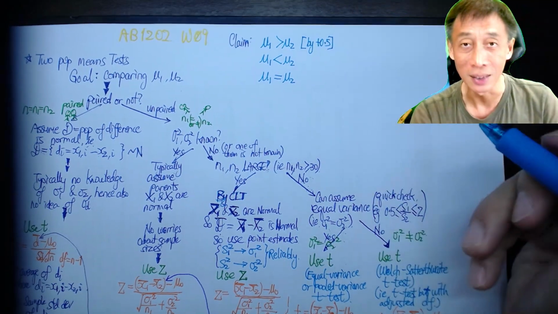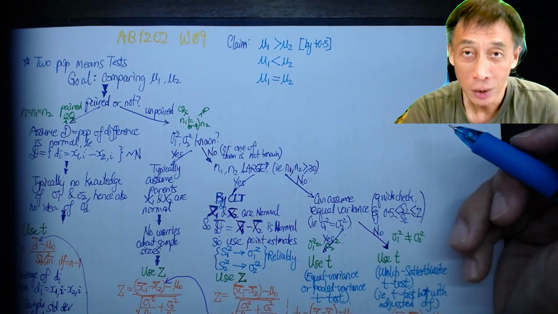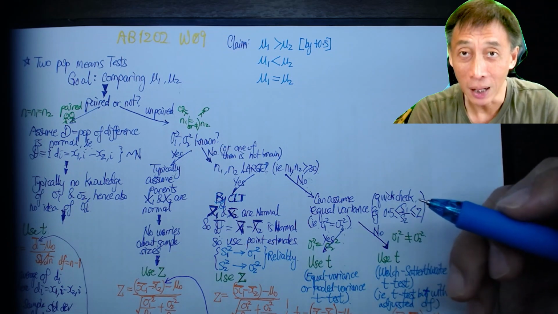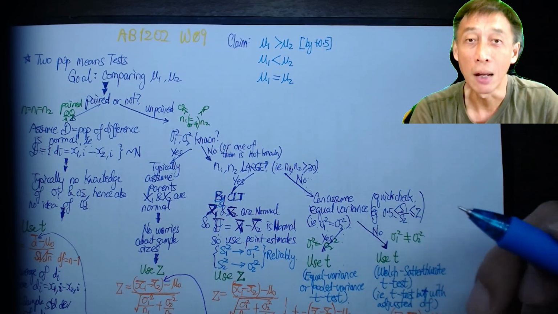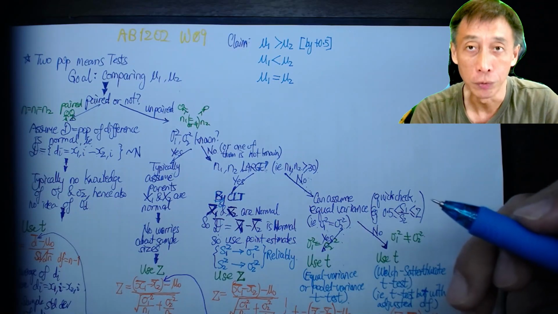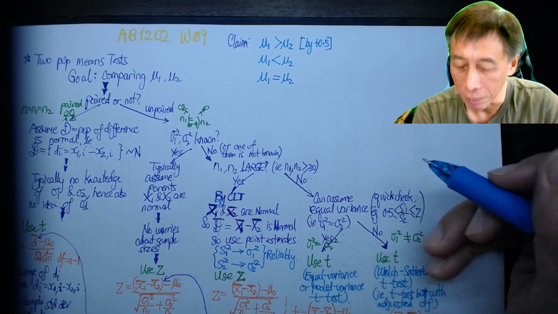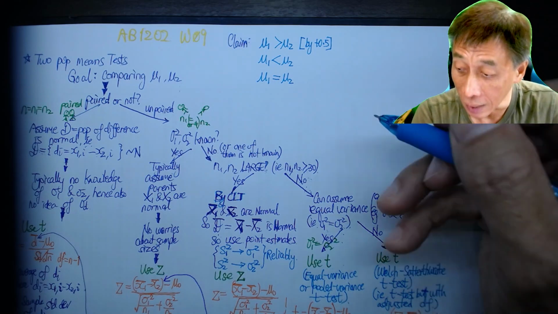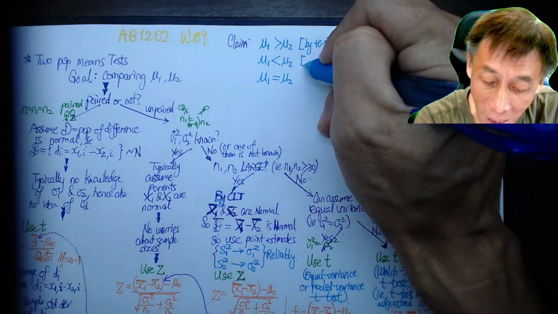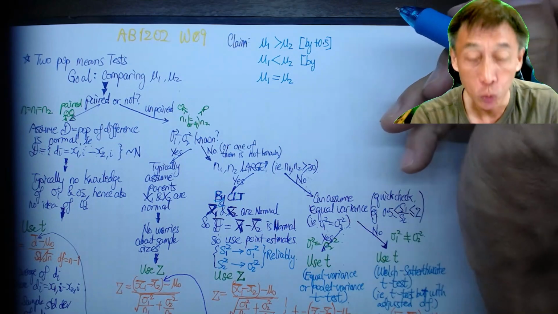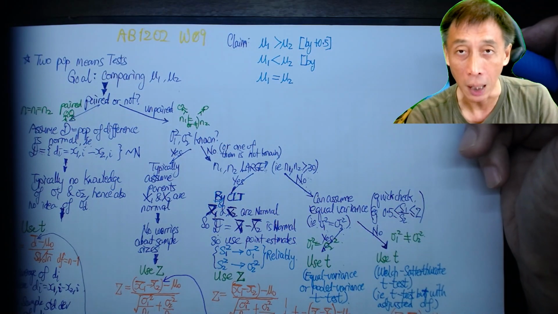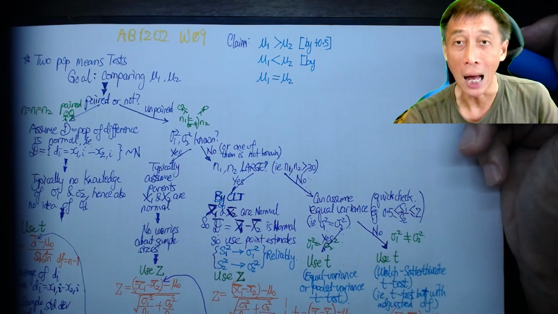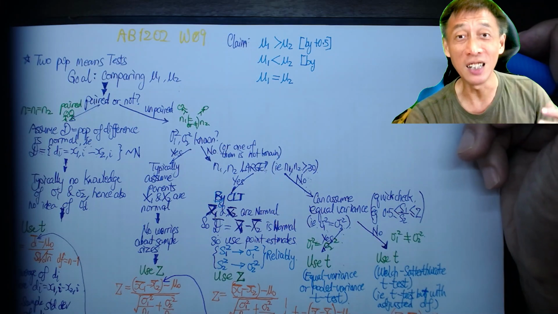So better in the sense of not just larger, but larger by a certain dictated gap that we state up front without proof, also by at least this much. That would very much enhance the ability of our two population means test, because it's no longer just higher or lower. The claims or arguments can be higher by at least this much.